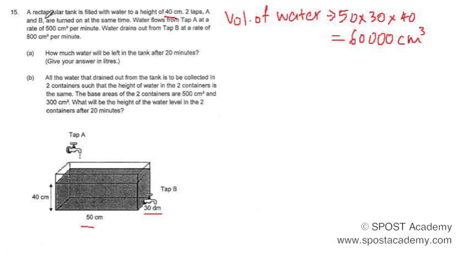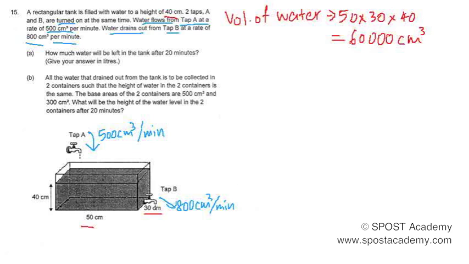But what is happening is that A and B are turned on at the same time, and water flows from tap A at the rate of 500 cm3 per minute. So water is going in at the rate of 500 cm3 per minute. But water is drained out from tap B at the rate of 800 cm3 per minute. So this is coming out at 800 cm3 for every 1 minute.